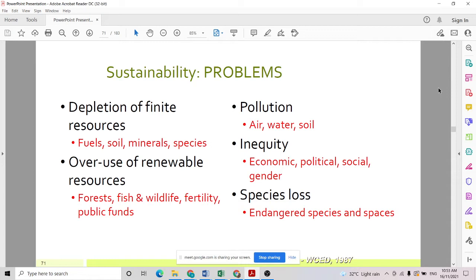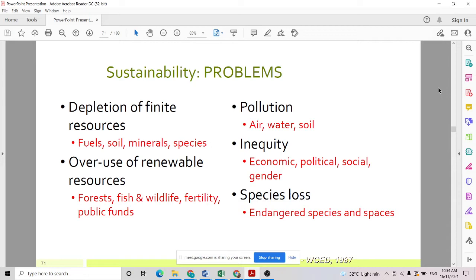And the overuse of renewable energy. The forest is renewable, but rapid usage of this renewable resource also enhances the problem. Then we have pollution, inequality, and lastly species loss.